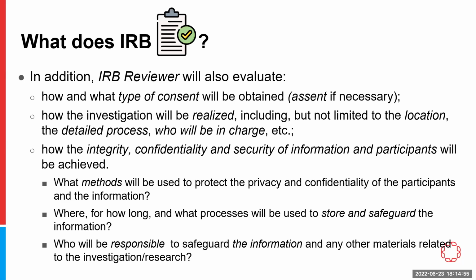You can get the consent from the legal guardian, but if the child says, I don't want to, you cannot use that one. You cannot force that one. That child does not give you the assent. And remember, in the States, adults start at 18 years. So if you have a population 17 or younger, you will need the consent of the legal guardian or the parents and the assent of the participant.